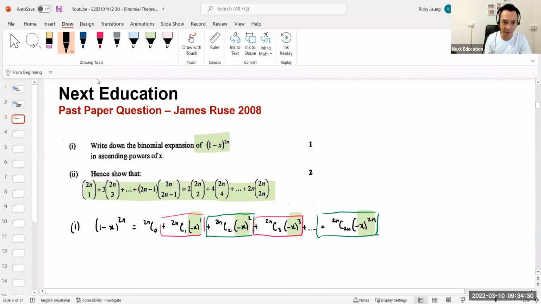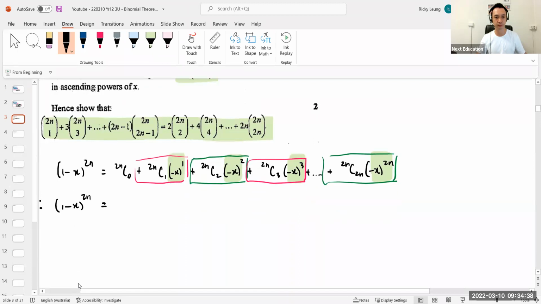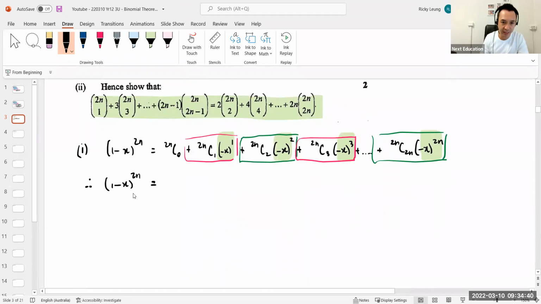So then I know that, therefore, this expands to 2n c0, minus 2n c1 x, plus, so alternate, 2n c2 x squared, minus 2n c3 x cubed, plus, and then the last term, right, we know it's even.